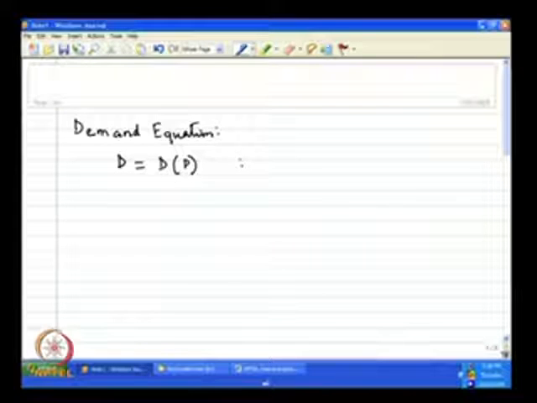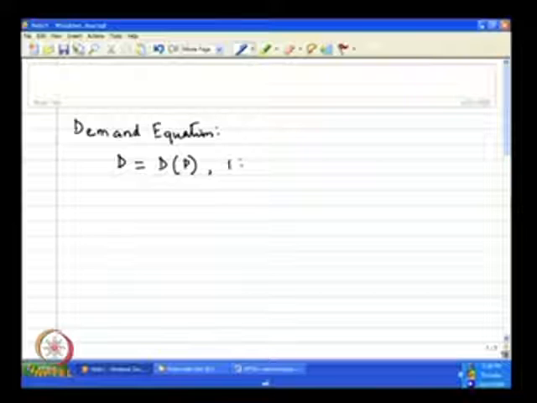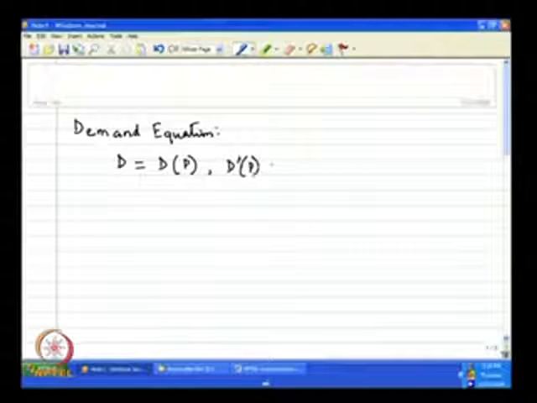Well, we have one behavioral assumption which is known as the law of demand, that says that if price rises, demand declines, and vice versa, if price falls, demand rises. So this is called the law of demand, and we write it very simply as D prime P is less than 0.